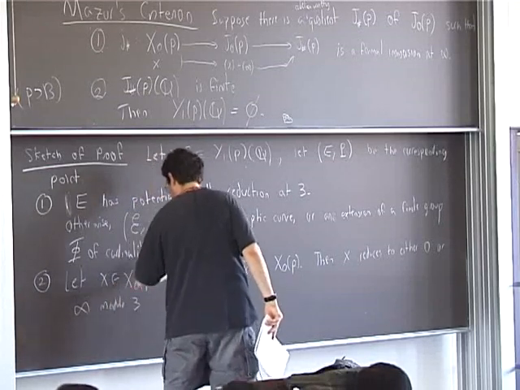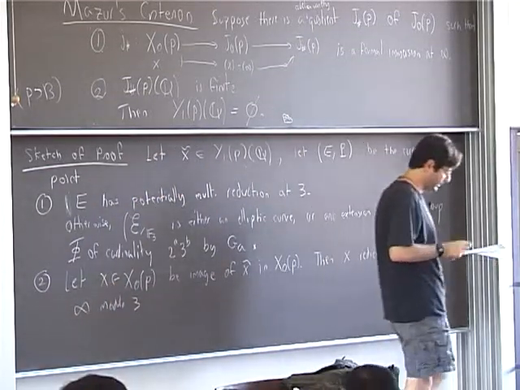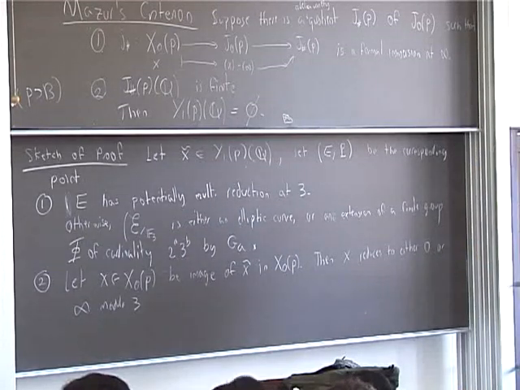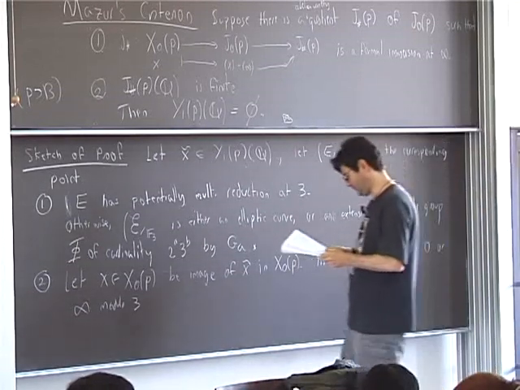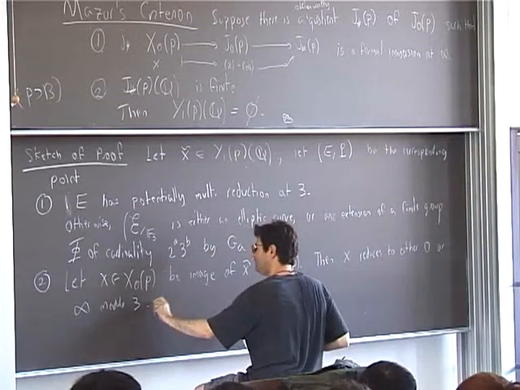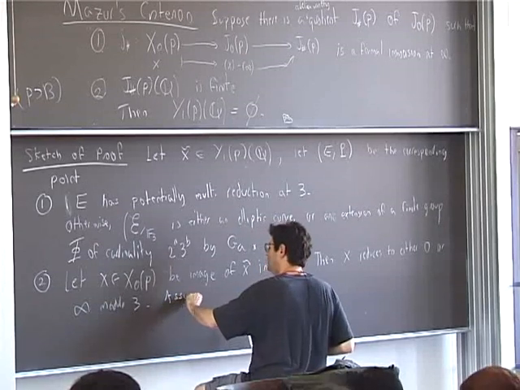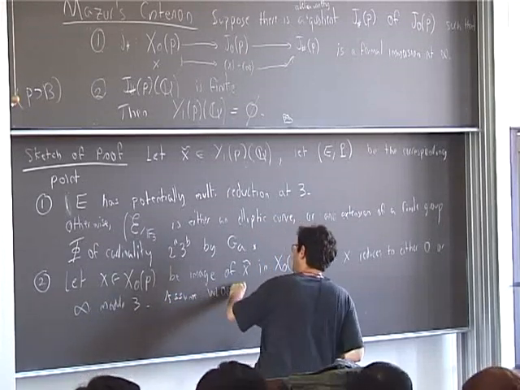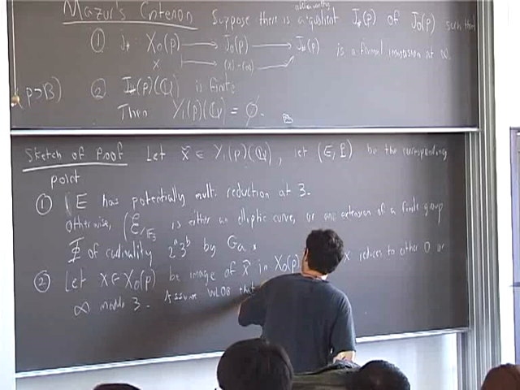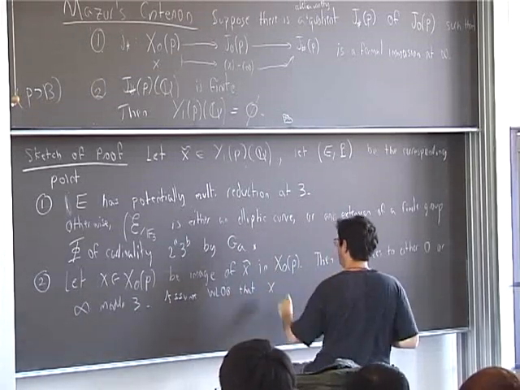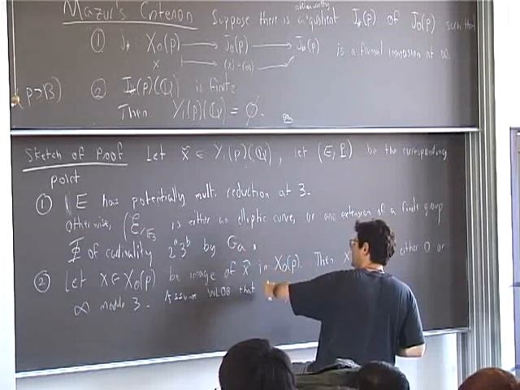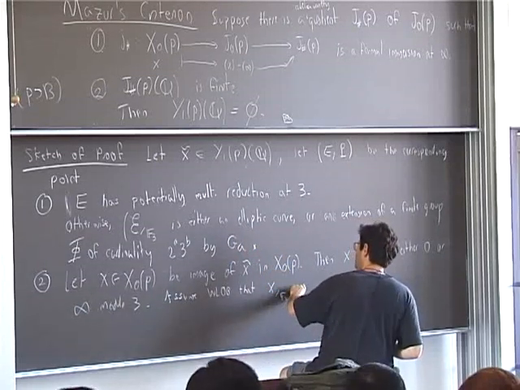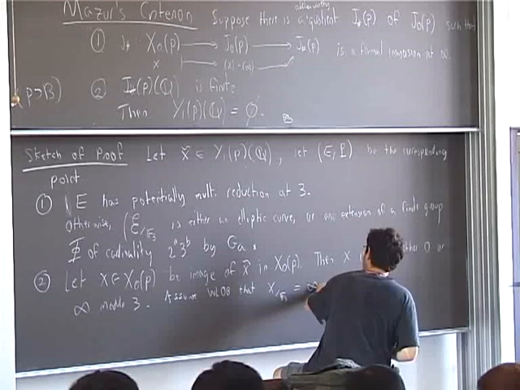So in the special fiber above the prime 3, it specializes to one of these added points which correspond to elliptic curves with degenerate, multiplicative reduction. So we can assume, without loss of generality, that x restricted to the special fiber above 3 is equal to infinity over F3.